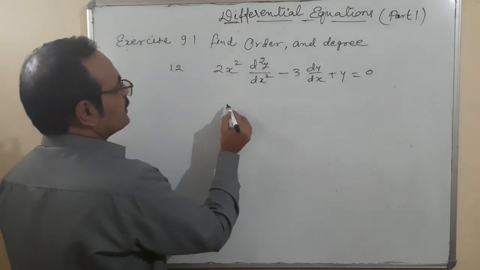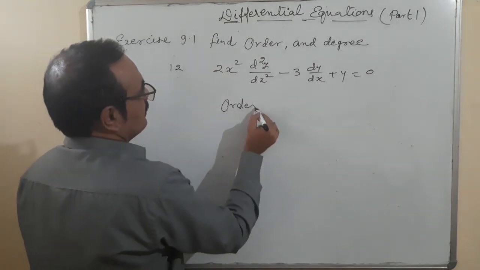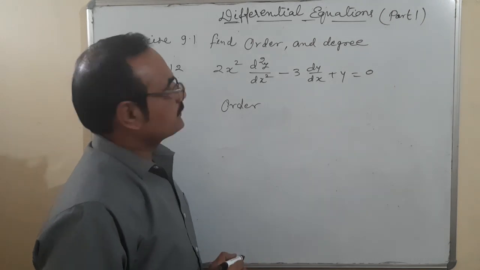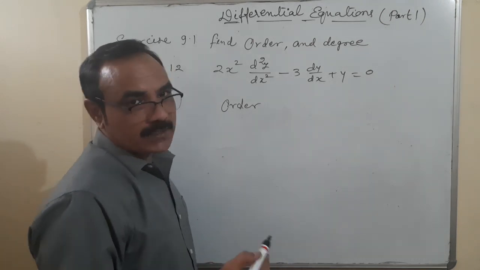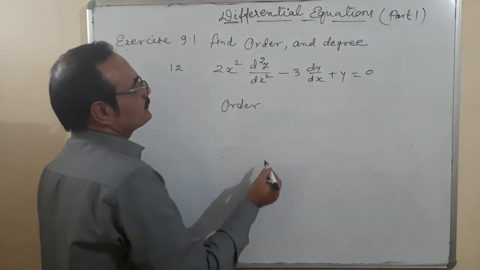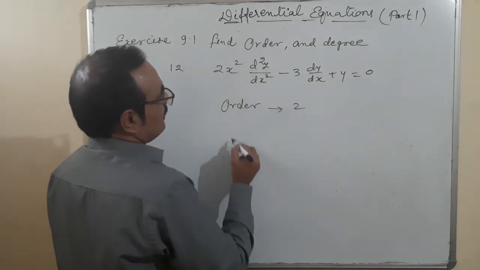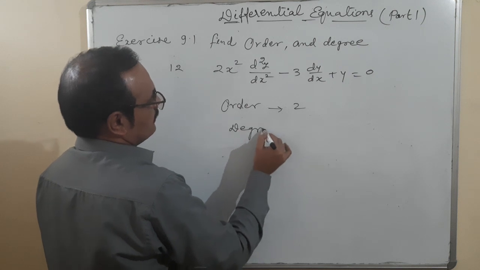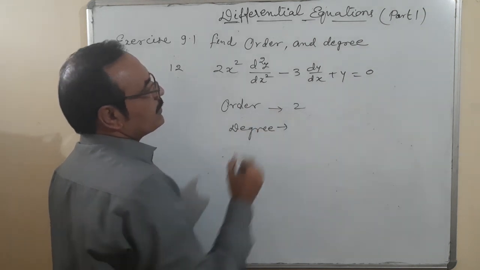So what is the order of it? Highest derivative of the differential equation is 2. So order is 2. And degree: is it a polynomial? Yes, it is a polynomial.